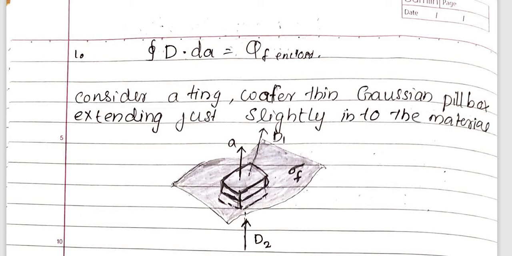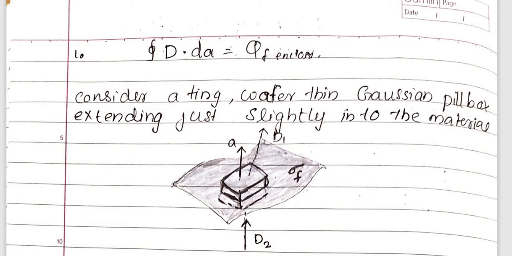And for the line integral terms, we apply the Amperian loop in order to solve the problems. Actually, the boundary condition is how the magnetic field and electric field behave at the boundary. When the wave travels from one medium to another, how the perpendicular component and parallel component of the electric field vector and magnetic field vector change. That is the boundary condition.